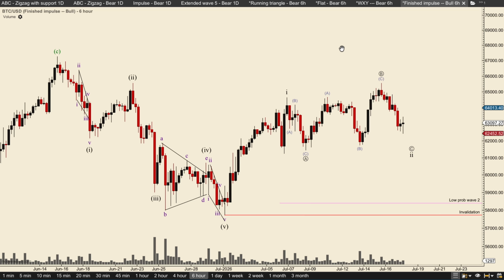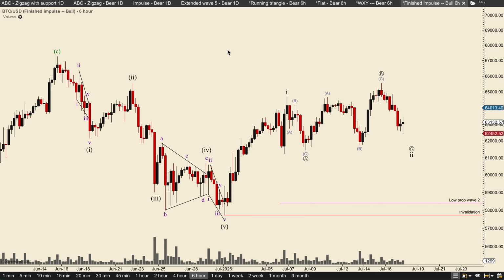So these are all very much in play, but I choose now to focus on this part, because if this is a motive wave or a corrective wave, it affects this bigger picture quite a lot.